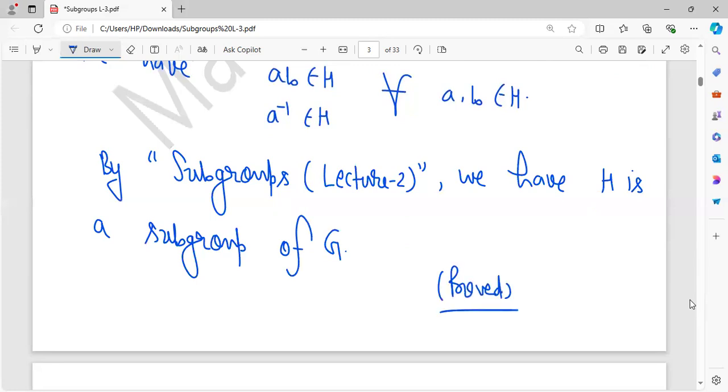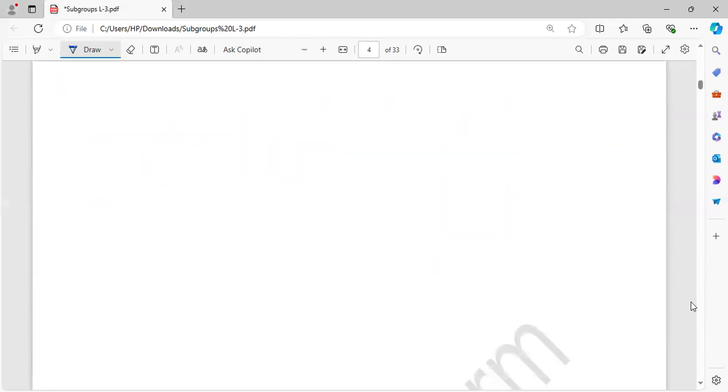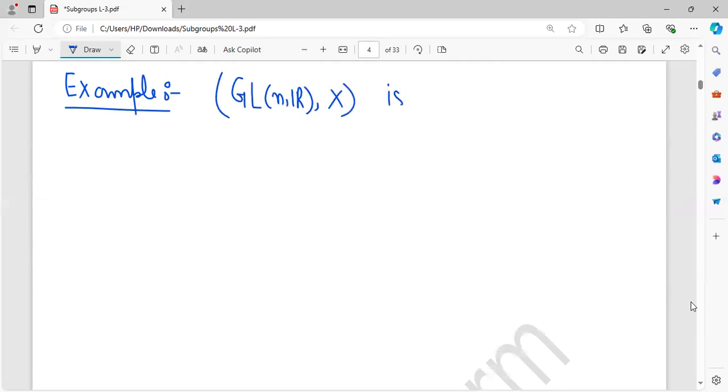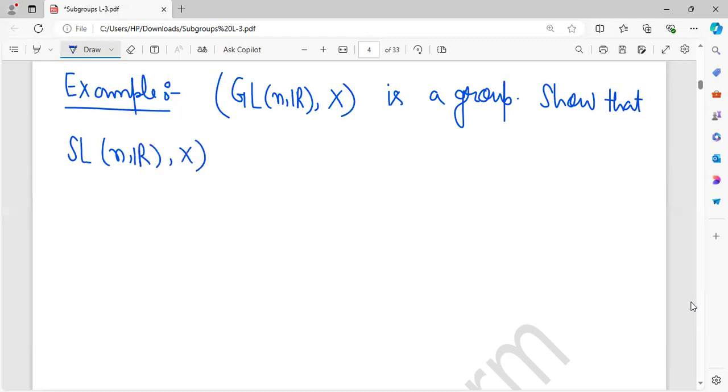Now we will do one example on it. Example: GL(n,R) with matrix multiplication is a group. Show that SL(n,R) is a subgroup of GL(n,R).